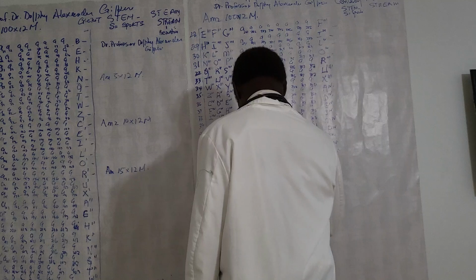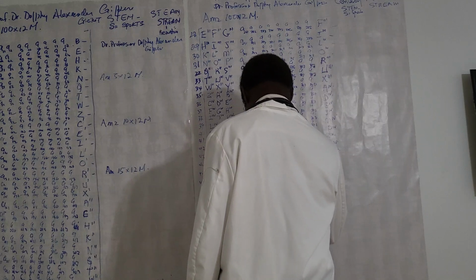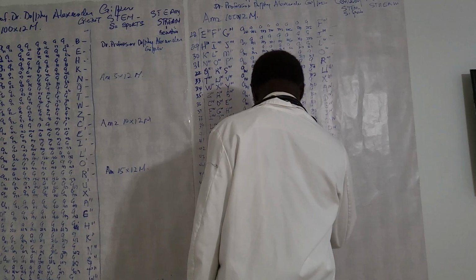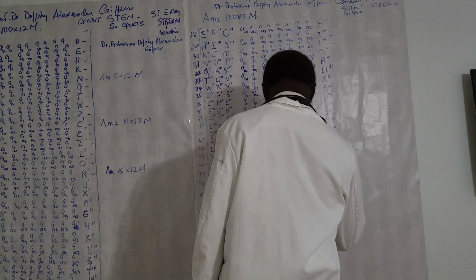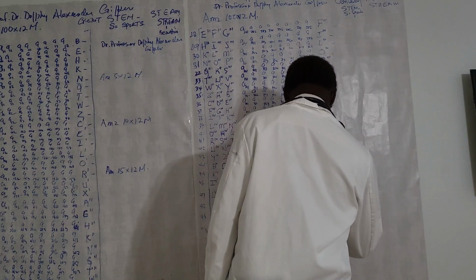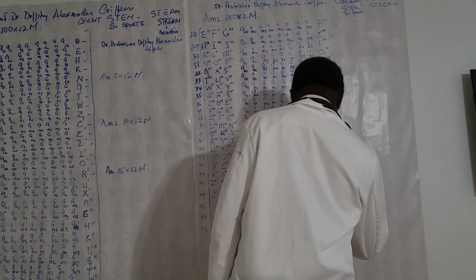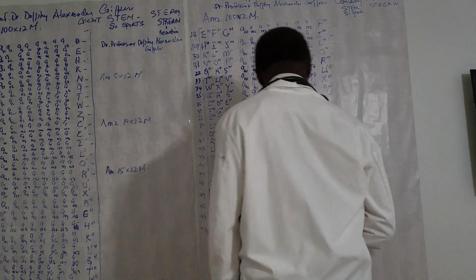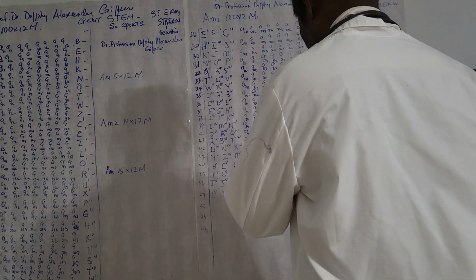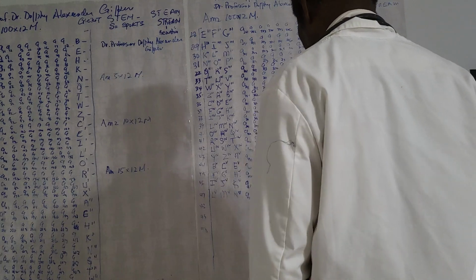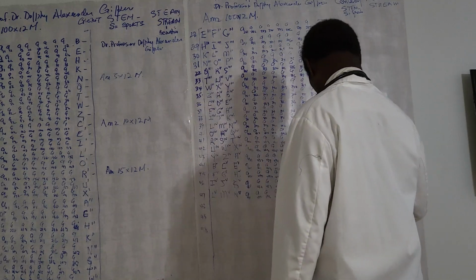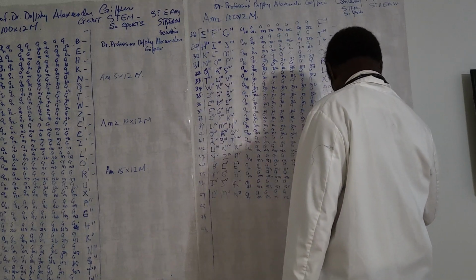So we have now A47-1, A47-2, A47-3, A47-4, A47-5, A47-6, A47-7, and A47-8. And we have N to the 5.